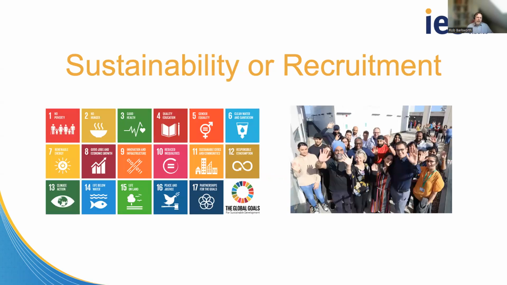So the sustainability or recruitment trend came from where I found the diversity and inclusion strategies on the various company websites, and some of them, as I said earlier, were very difficult to track down, and you learnt techniques to try to find them quickly.